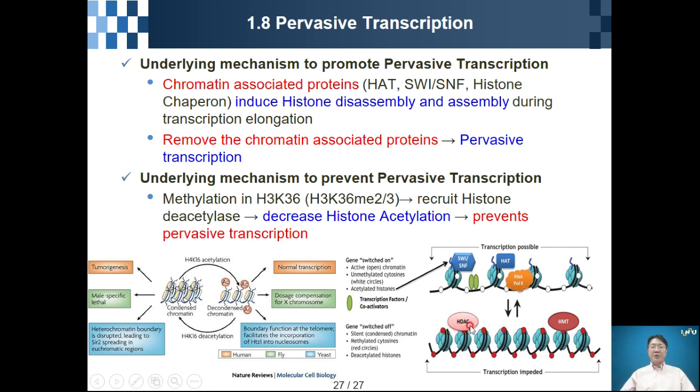In this case, we recruit histone deacetylase. After that, histone deacetylase decreases histone acetylation. So it means that the chromatin can be tightly packed. In this case, it prevents pervasive transcription.